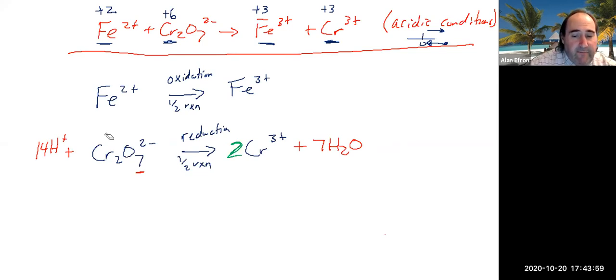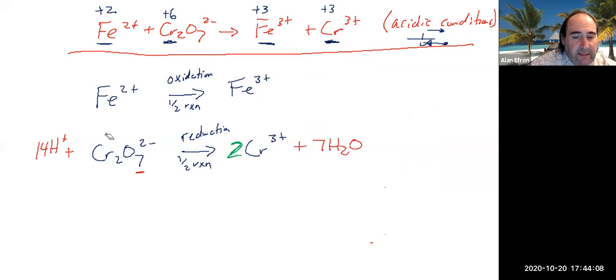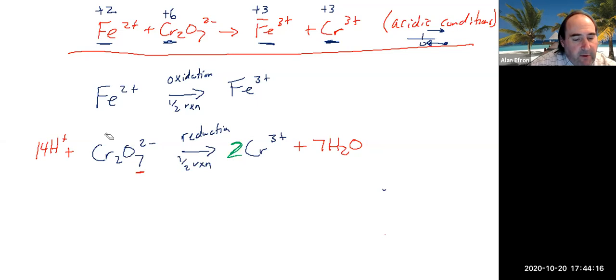So now that we've balanced all the elements, we balanced oxygen, we balanced hydrogen, what is left to do at this point is to go to each half reaction and balance the overall charge on both sides. When I look at the top equation, the iron, I have a grand total of +2 on the left, a grand total of +3 on the right.